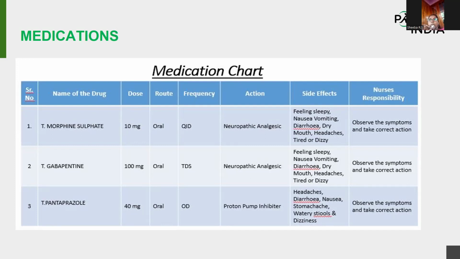So if the patient is complaining of dysphagia, you have to check the oral cavity for oral candidiasis. If present, give antifungal management like fluconazole or Candid mouth paint, so that we can control the candidiasis.